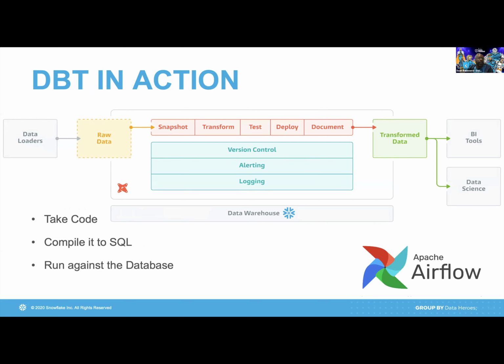So DBT in action. DBT consists of two components. It's a compiler and a runner. So users write the DBT code in a text editor of their choice. DBT compiles this code and then turns it into raw SQL. And this code is executed on the database.